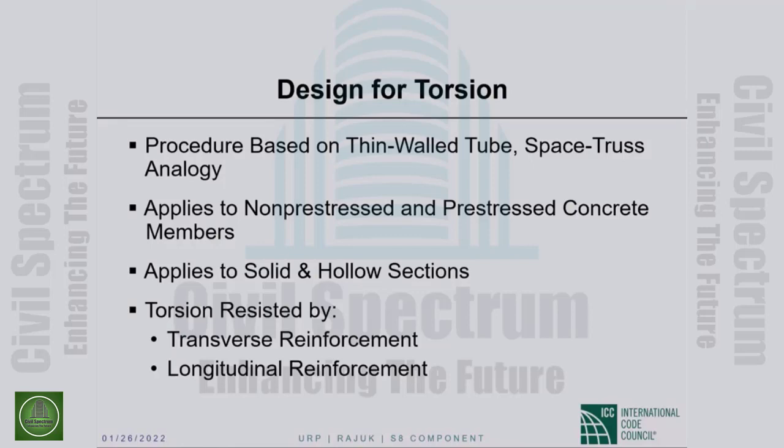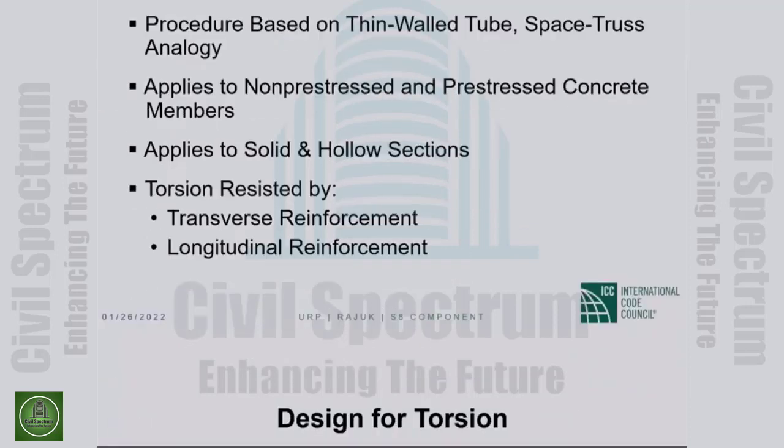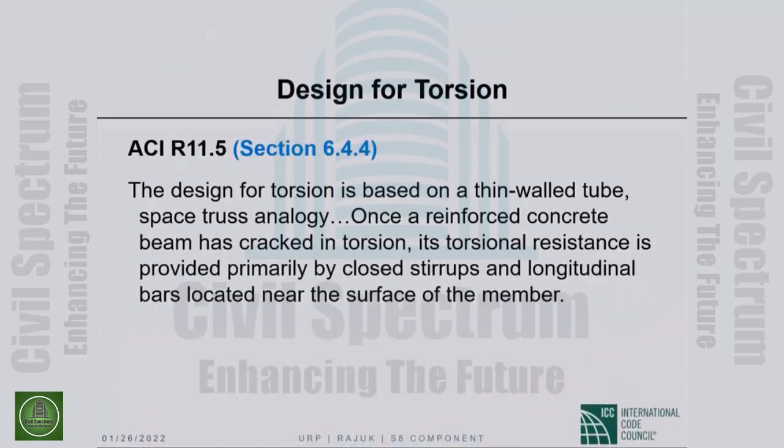This is in addition to what we have for flexure. The combination of the transverse reinforcement and the additional longitudinal reinforcement resists the tension with no help from concrete. That is the idea. So the design for torsion is based on a thin-wall tube space truss analogy.